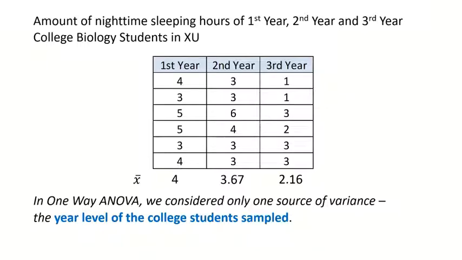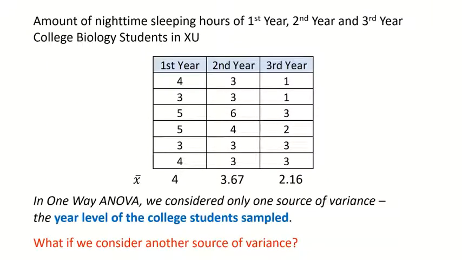That's because analysis of variance really minimizes our alpha or type 1 error, instead of using several t-tests to compare three populations. We also call that one-way ANOVA because there was only one source of variation that we were looking at. In this case, that's the year level of the college students, and how it affects their sleeping time, for example.